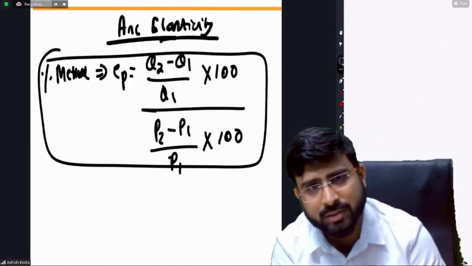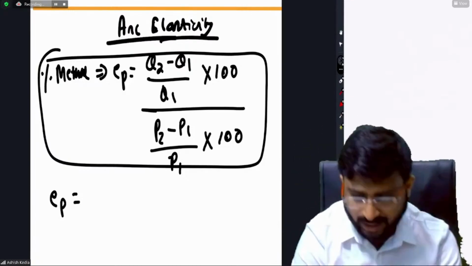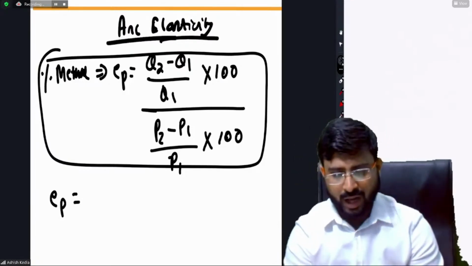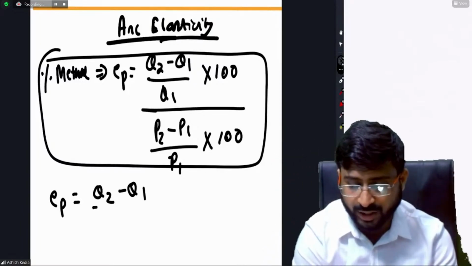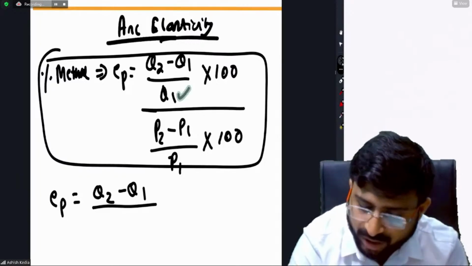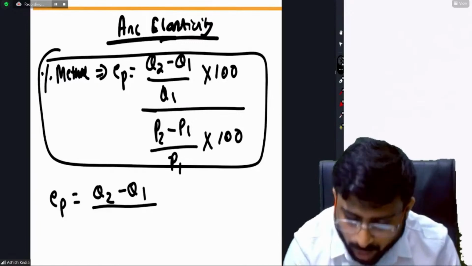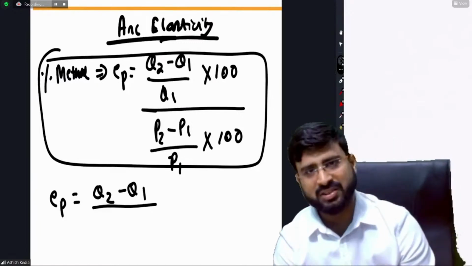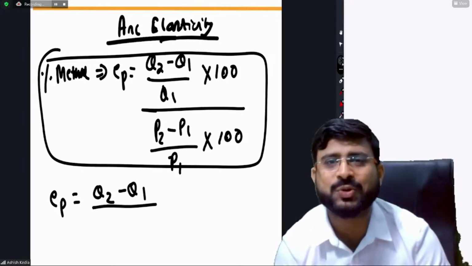Arc elasticity is very similar to this. The arc elasticity method tells you: arc elasticity equals change in quantity by, see here we have the original quantity. What is the denominator? Original quantity. Here what is the denominator? Original price. But here the change will not be by original quantity, it will be by average quantity.